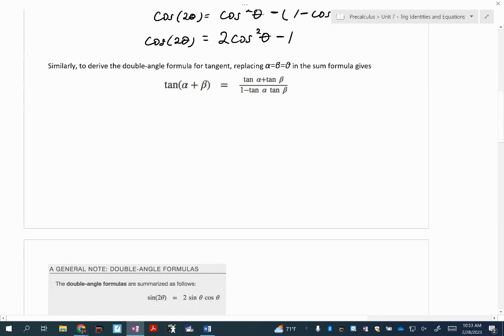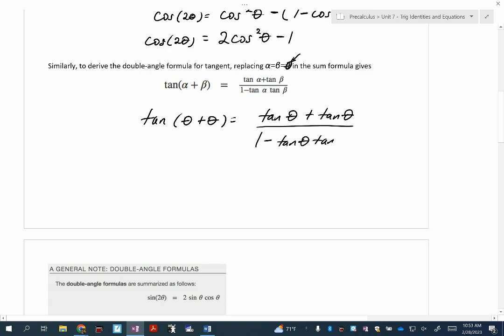All right, last one for tangent. Again, we're going to replace theta for A and B, or alpha and beta. So tangent of theta plus theta is equal to tangent of theta plus tangent of theta over 1 minus tangent theta times tangent theta.